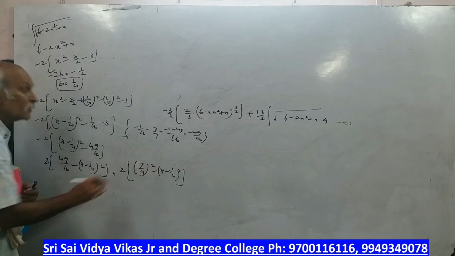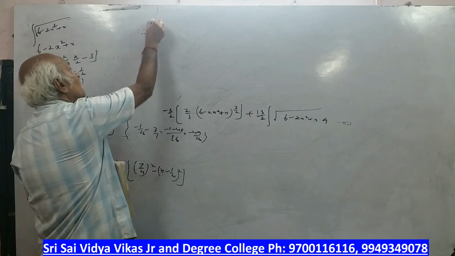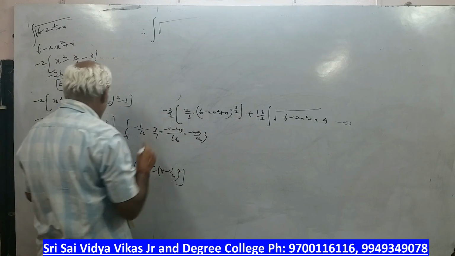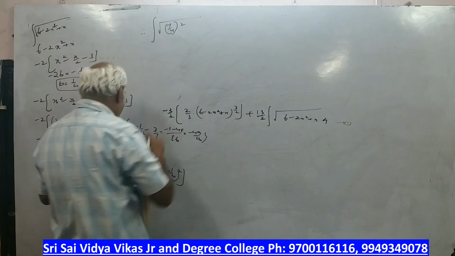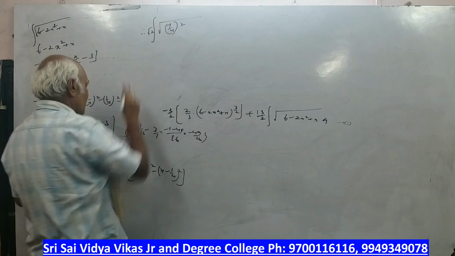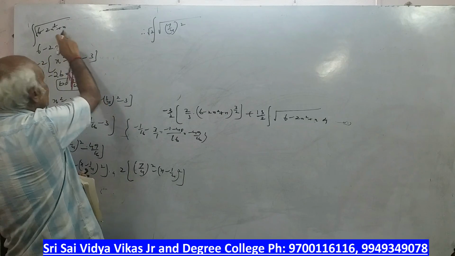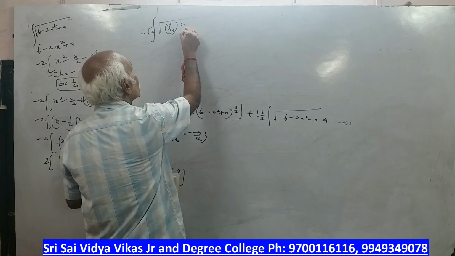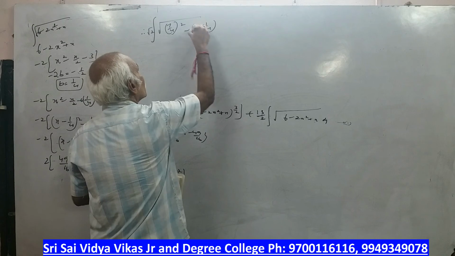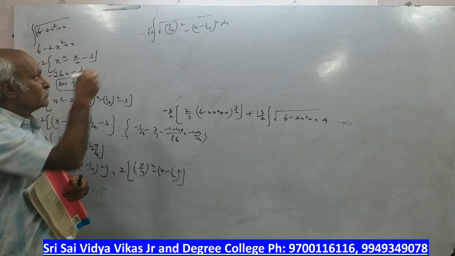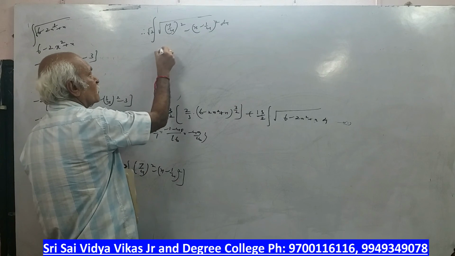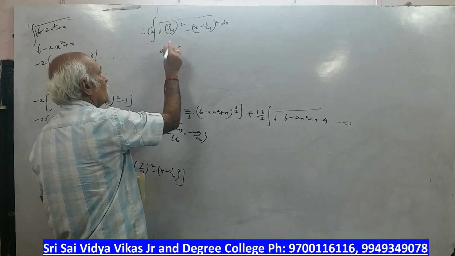Okay. Therefore, integration of root of, I am finding only this, 7 by 4 whole square. 2 is there outside, so it becomes root 2 because we are taking roots. Root 2 will come, minus x minus 1 by 4 whole square dx. Right? So it is in the form of a square minus x square formula.